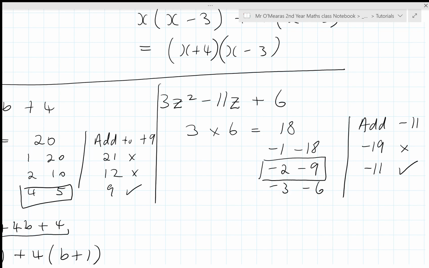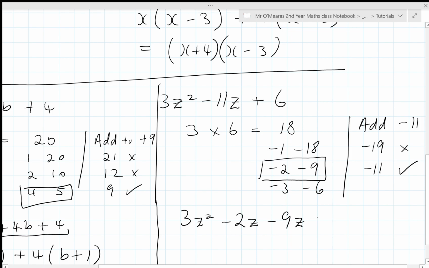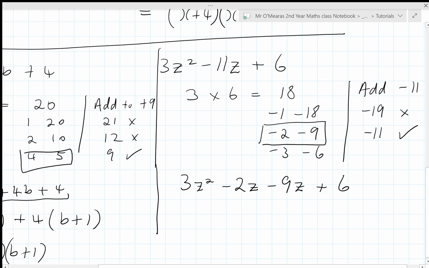So we take those two numbers and, like we said before, we rewrite the original expression, 3z squared minus 2z minus 9z plus 6. You see that the minus 11z has just been replaced by minus 2z minus 9z.